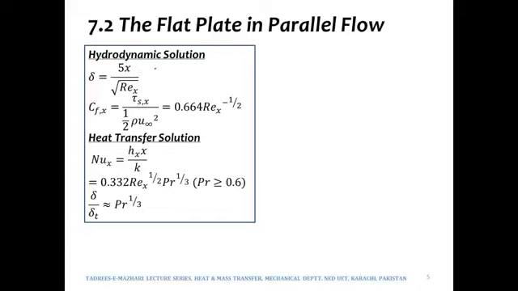But summarizing the whole discussion, it was due to the solution by Henry Blasius, which ended up in this particular equation, with the help of which we can determine the thickness of the boundary layer at any x, at any location.